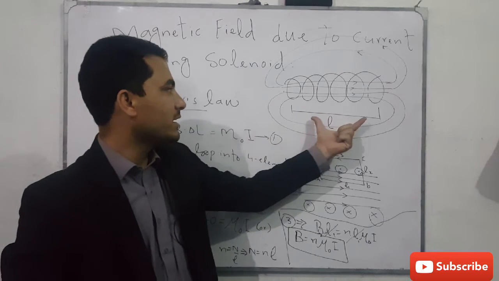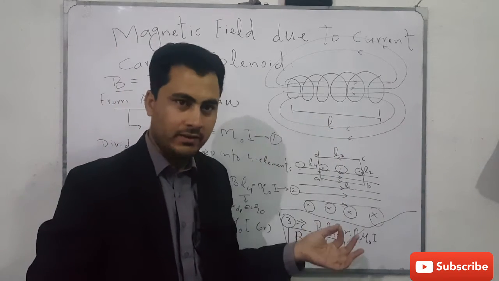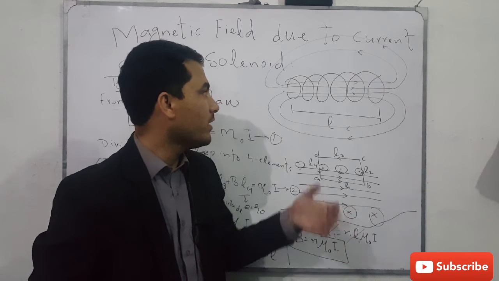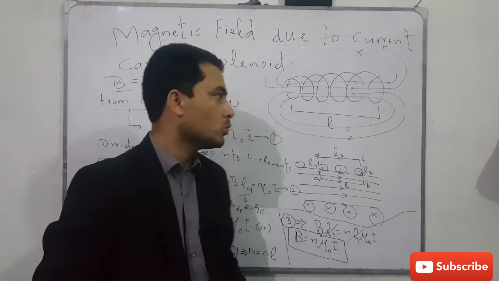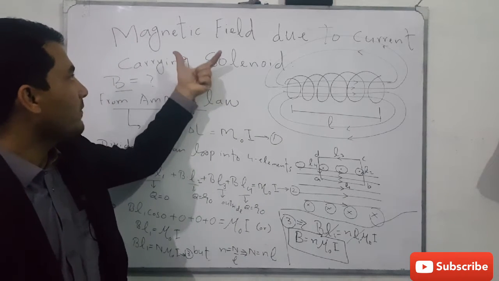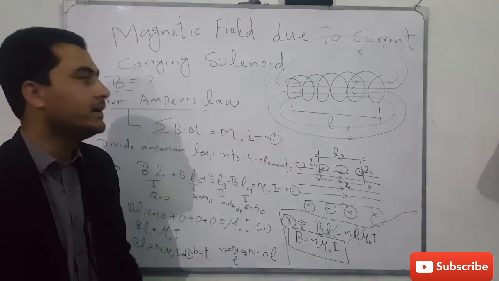Let's suppose this solenoid has length L, and we are interested in finding the magnetic field due to this solenoid. So our main topic is the magnetic field due to this current carrying solenoid.